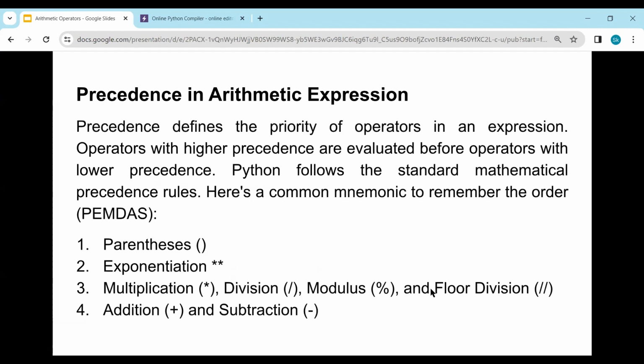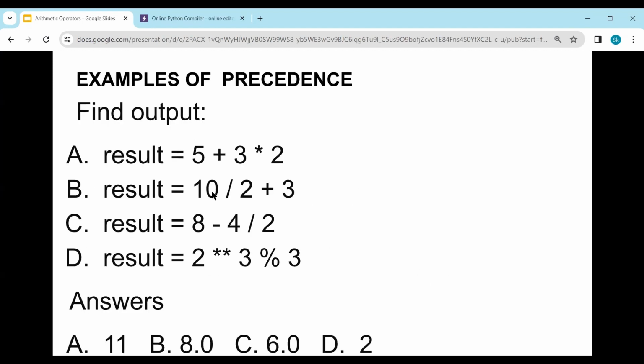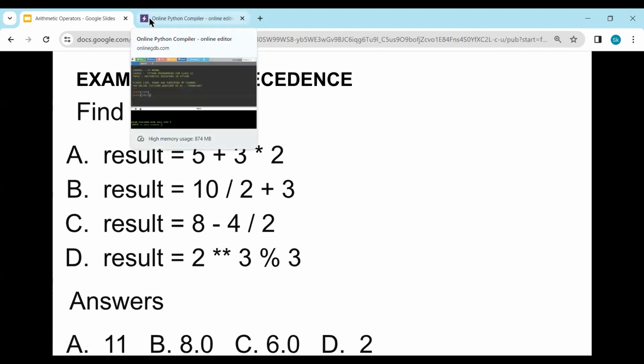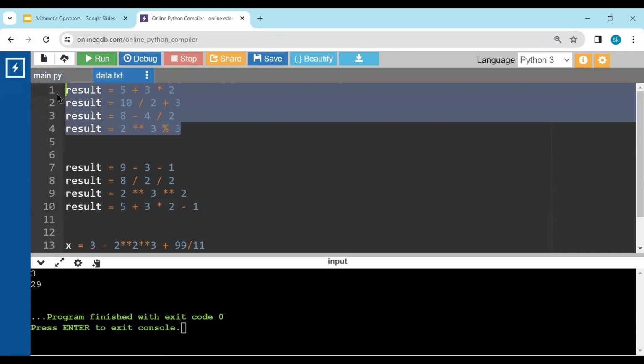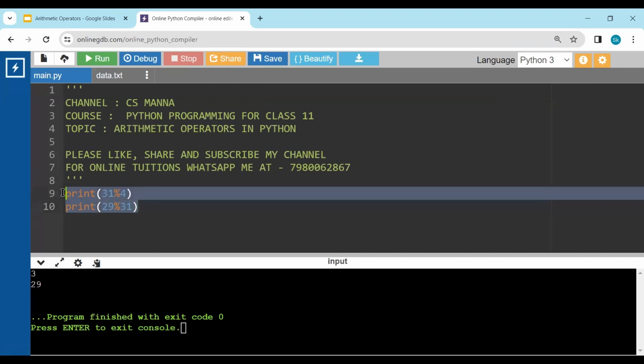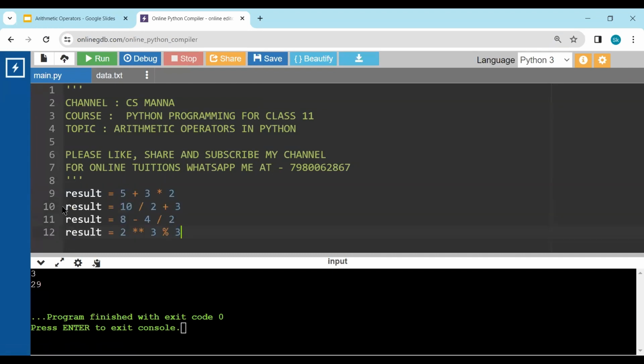But we will see they go from left to right, which we'll discuss. And then addition and subtraction. So let's see some examples. Now, I will explain how these results are coming one by one. So let me take the results which we are doing. Let me start with the first one.